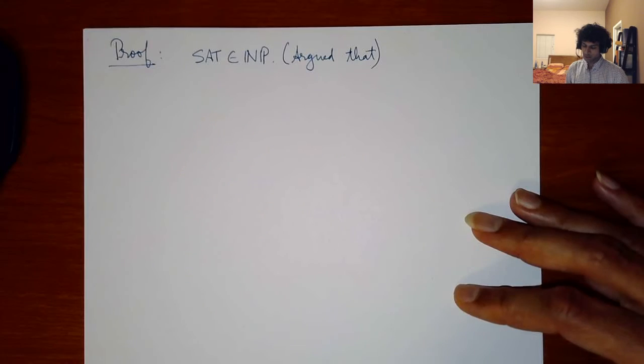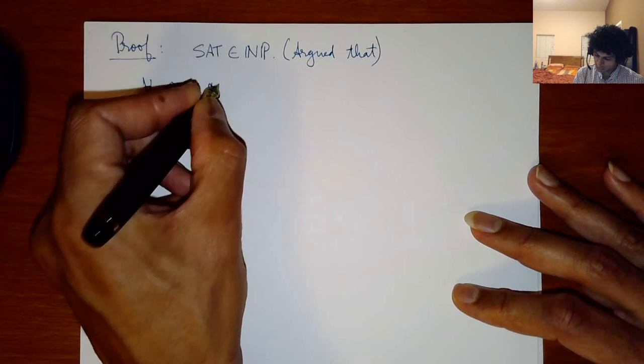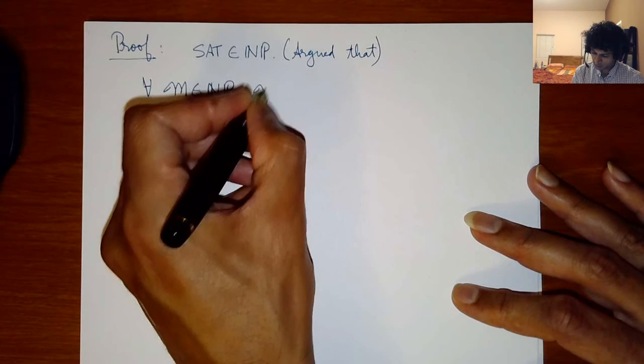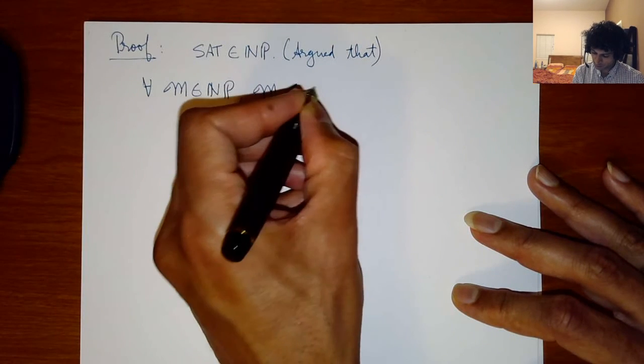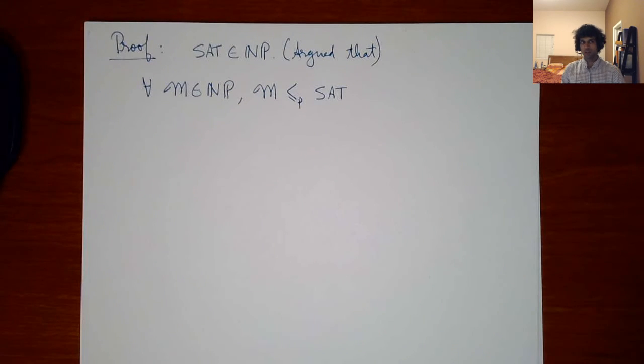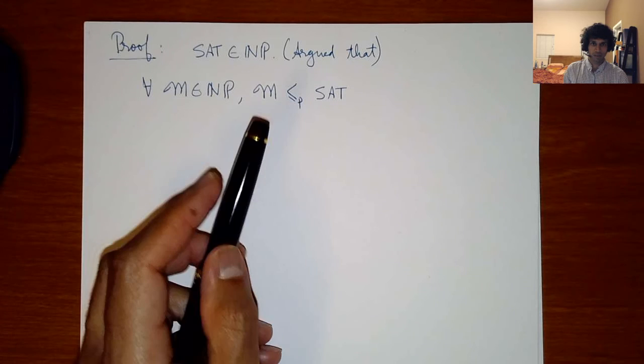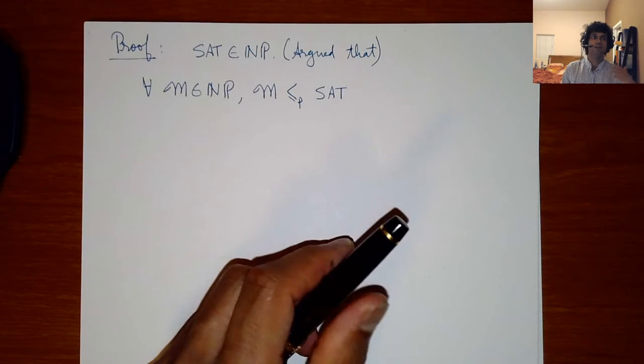So now what we need to show is that for all languages M in NP, M can be efficiently reduced to SAT. So what we need to show is that an instance of any language in NP can be converted efficiently to an instance of SAT.